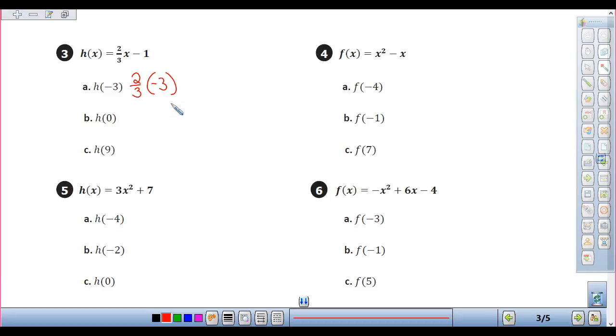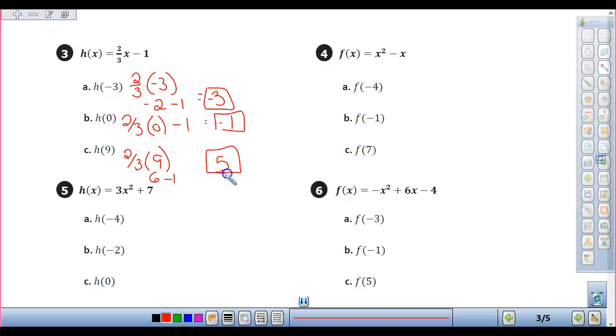We got negative 2 minus 1 gives us negative 3. 2/3 times 0 minus 1? Negative 1. 2/3 times 9? 6. And 6 minus 1? 5. Gives us 5.